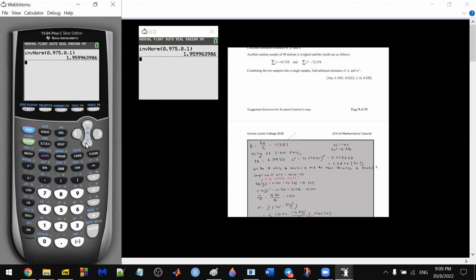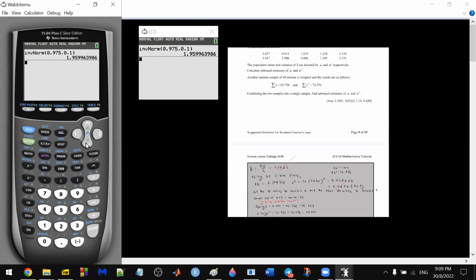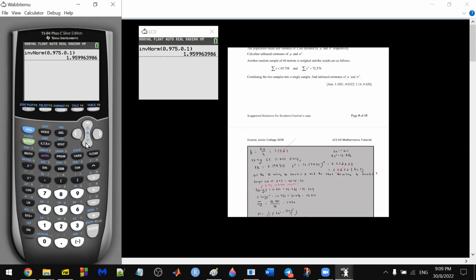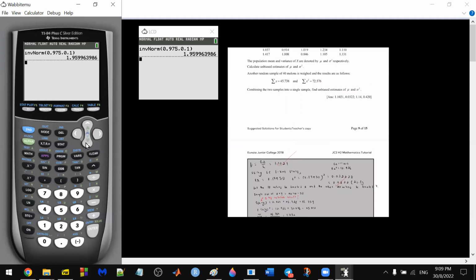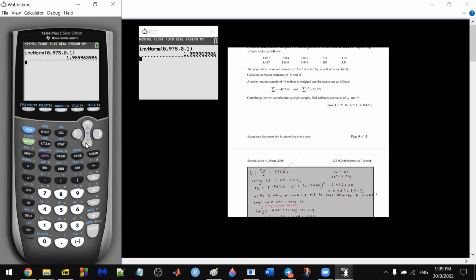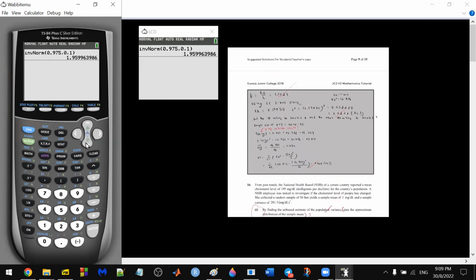GC one-variable stats, yes, you can do that, though I don't usually use it. x-bar equals that, then s squared equals that. Then another random sample of 40 melons is weighed, and the results are as follows. Combining the two samples into a single sample, find the unbiased estimates of mu and sigma squared. Okay, so let me see.